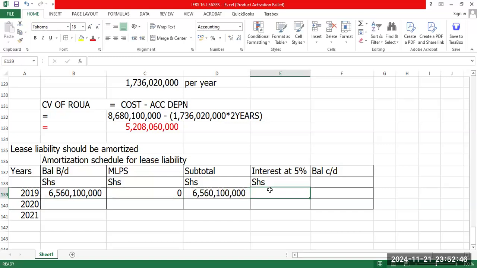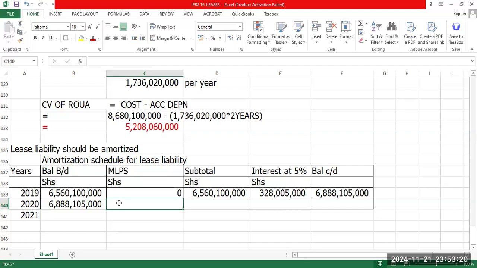Then interest 5% times the subtotal. Then to get balance carried down, you get your subtotal plus the interest. Okay. Then in 2020, it will be the balance carried down. Now the minimum lease payment will start from here.